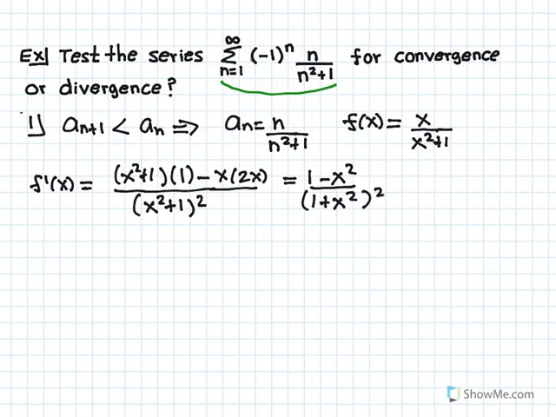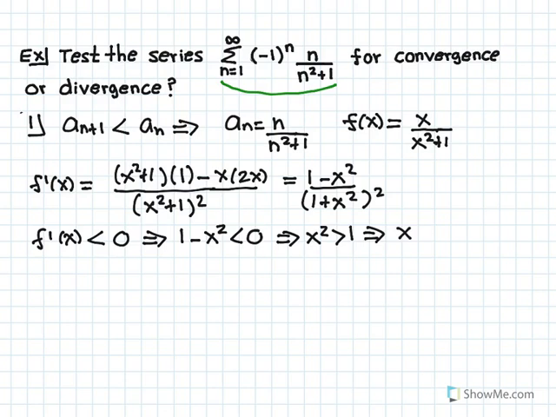Now, we know that f prime of x is less than 0, the derivative is negative, when the numerator is negative, because the denominator (1 plus x squared) all squared is always positive. So 1 minus x squared less than 0 means x squared larger than 1, which of course means either x bigger than 1 or x less than negative 1, but we're only considering positive term series.